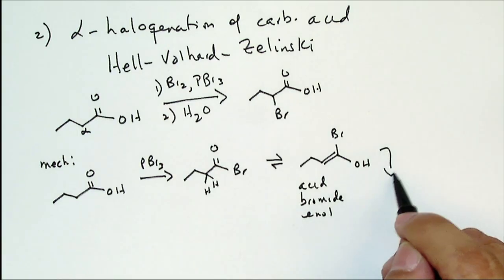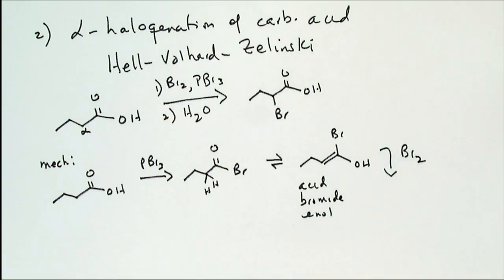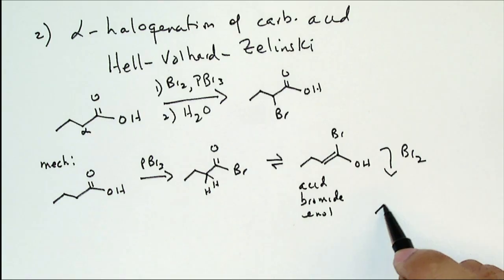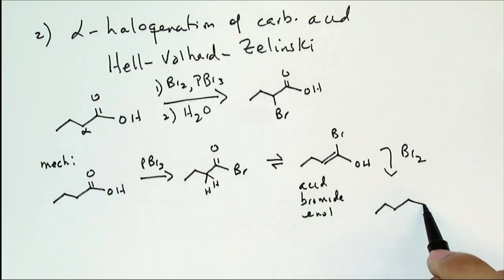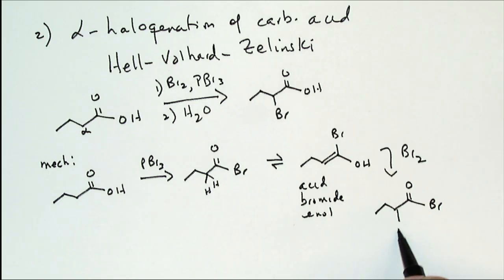And then the bromine is going to come in, and I'm going to attach the bromine at the alpha position. So what I'm going to end up getting from this is that bromine is going to attach at that alpha position.